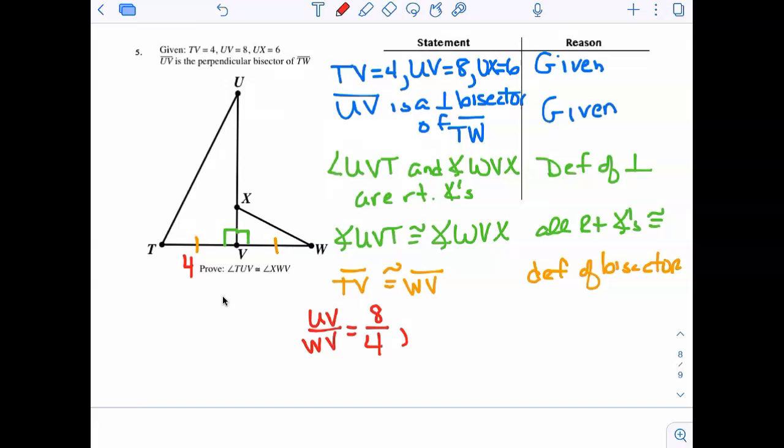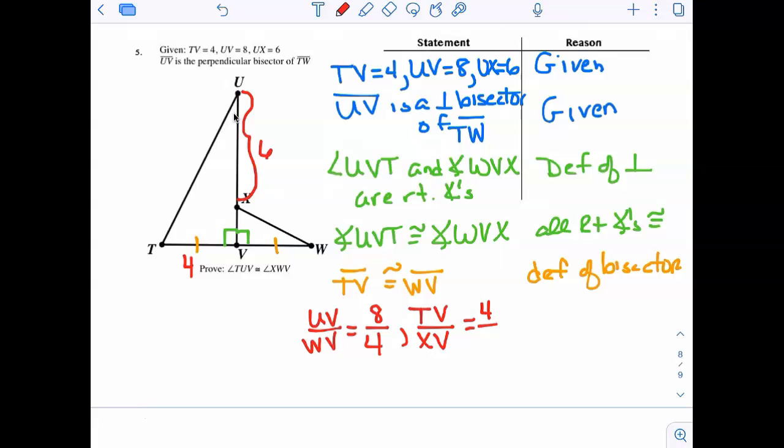And then we're also told that TV is 4, and that would correspond to side XV. If you remember, UV was 8, but we're also told that UX is 6.